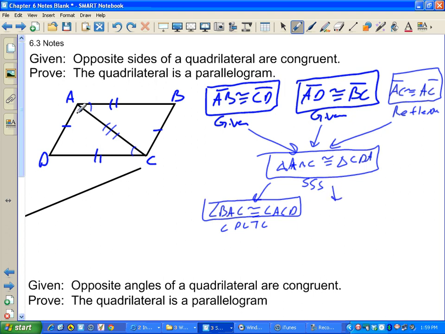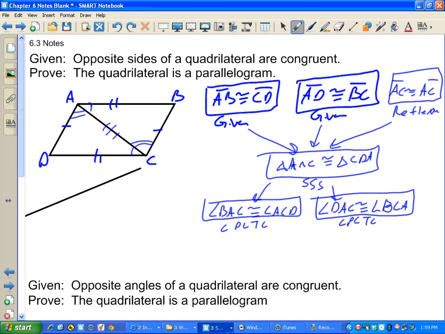I could also say that this angle is congruent to this one for the same reason. This angle DAC is congruent to angle BCA by CPCTC. Now I've just proven that some alternate interior angles are congruent.